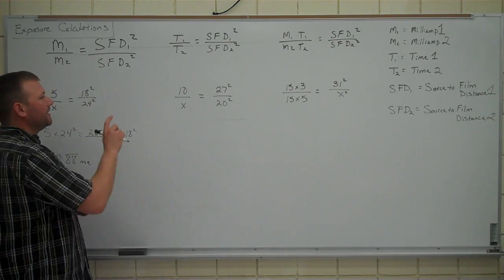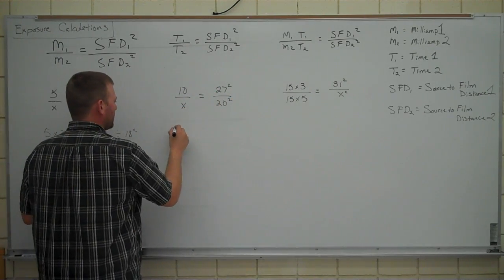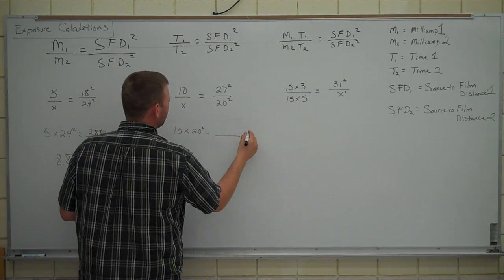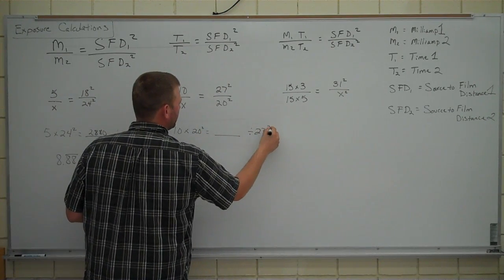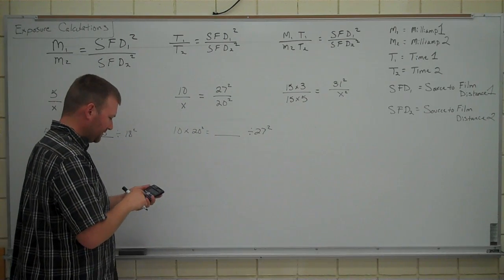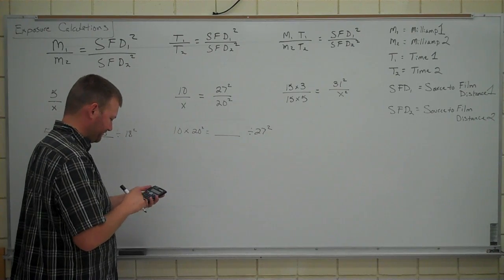It doesn't make a difference until we get over here to milliamp and time combined. So, 10 times 20 squared equals whatever, divided by 27 squared. That should give us something. So, 10 times 20 squared, push the right buttons here.